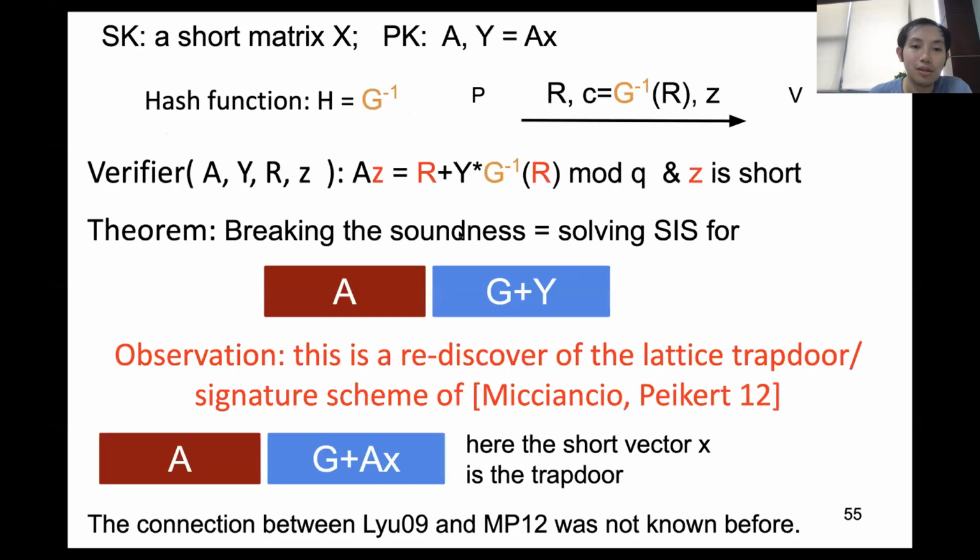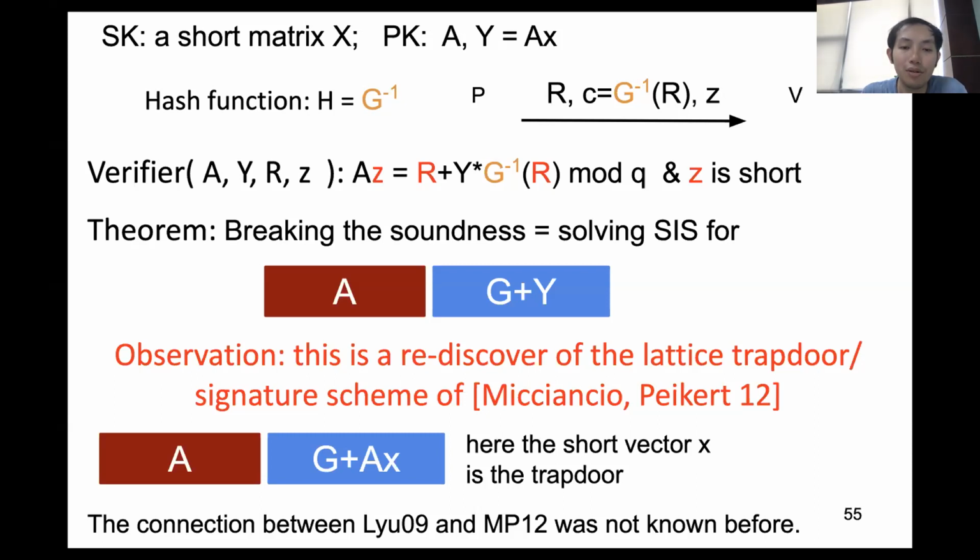So it turns out this is not the case. In the bottom of the slides, I say, in fact, although this is not our motivation, this is actually an accidental rediscovery of the lattice trapdoor signature scheme designed by Micciancio and Peikert. Recall that in the work of Micciancio and Peikert, they design a lattice signature scheme by constructing a SIS instance with a trapdoor.